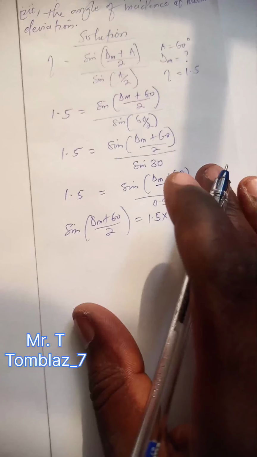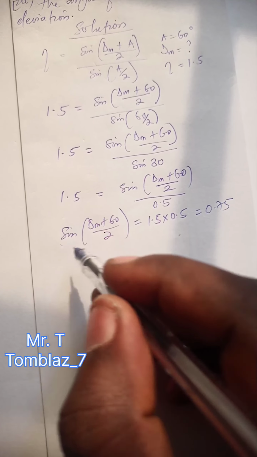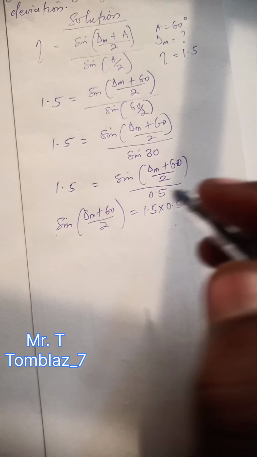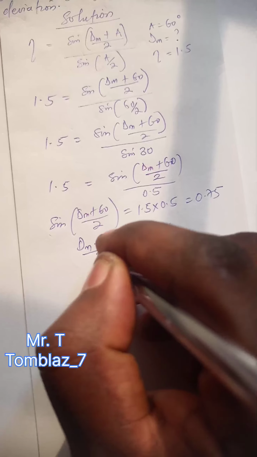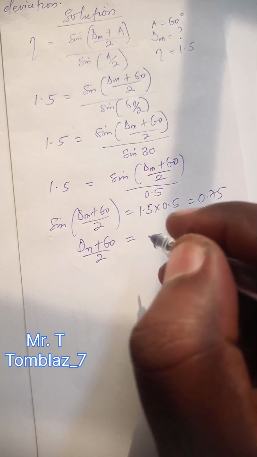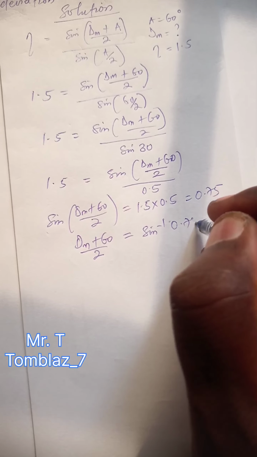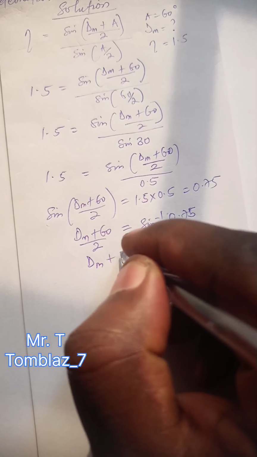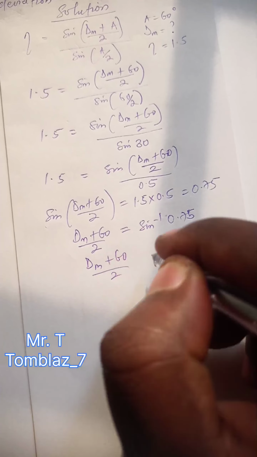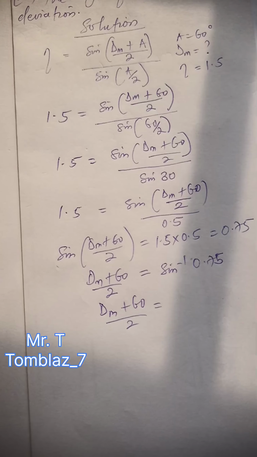Okay, so since we are looking for Dm, we can take the arc sine, we'll divide both sides by sine so that we'll have the arc sine of this value. So we have Dm plus 60 all over 2 equals arc sine of 0.75, right?